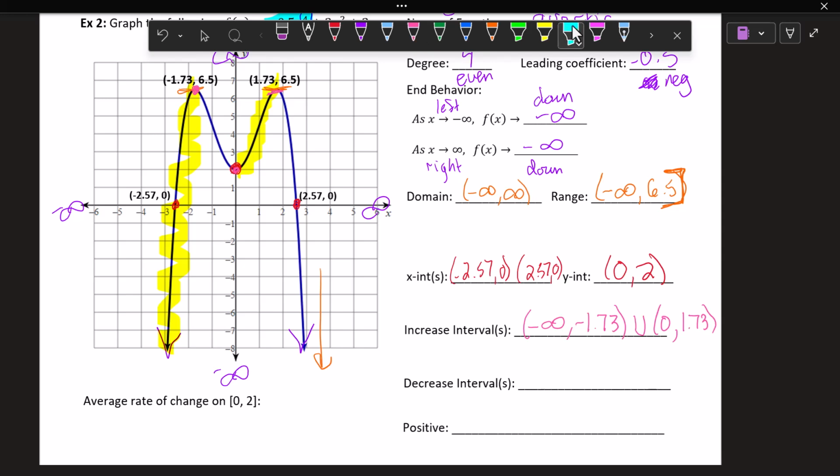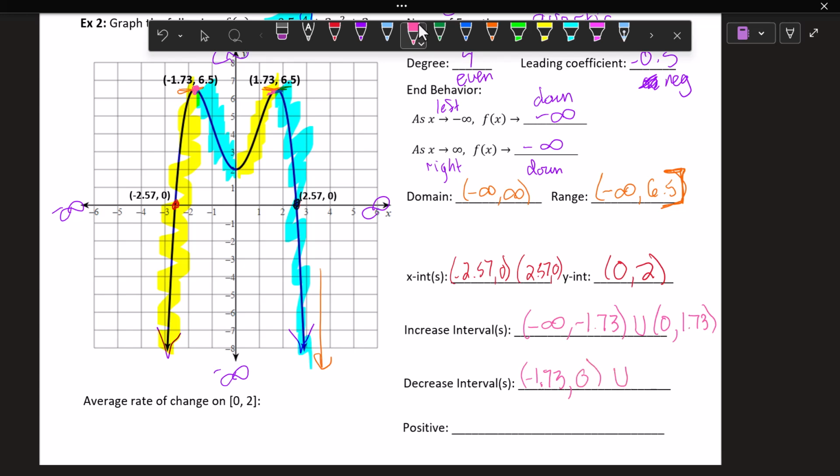Our decreasing interval, of course, would be everything else. That little snippet, and then this part that goes on forever. So our decreasing interval, the first one, starts at x equals negative 1.73, and it goes to the middle there at 0. Union.